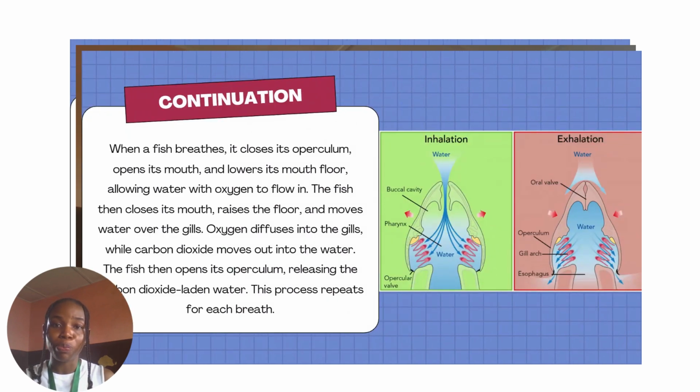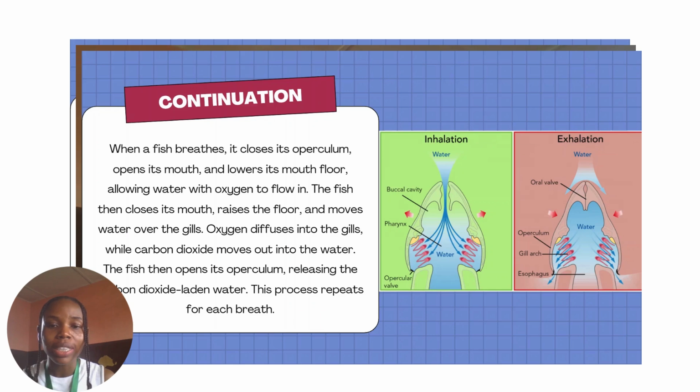Now, when the fish breathes, it closes its operculum. This is the process of respiration. When a fish breathes, it closes its operculum and opens its mouth. And then it lowers its mouth floor, allowing water with oxygen to flow in. The fish then closes its mouth, raises the floor of the mouth, and moves water over the gills.